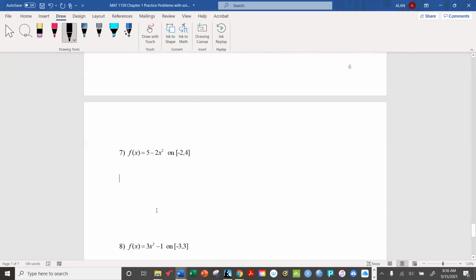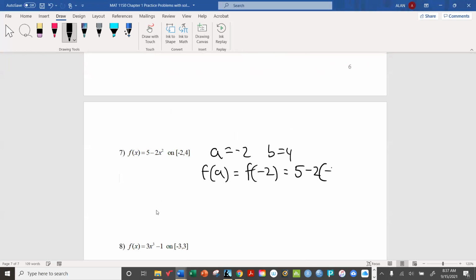So here we have A is -2, B is 4. F of A, now this time is a little bit more challenging because the function is a little bit more complicated. It's 5 minus 2x squared. So we'll end up with 5 minus 2 times 4, 5 minus 8, -3.